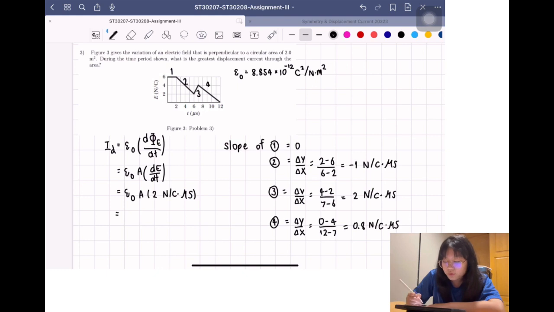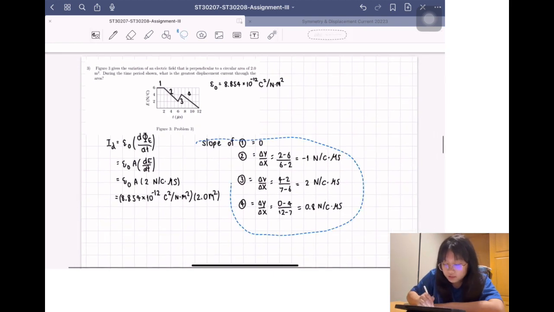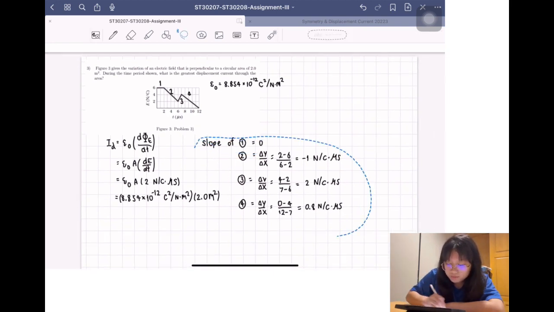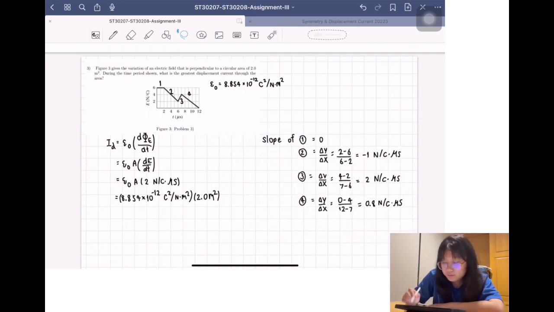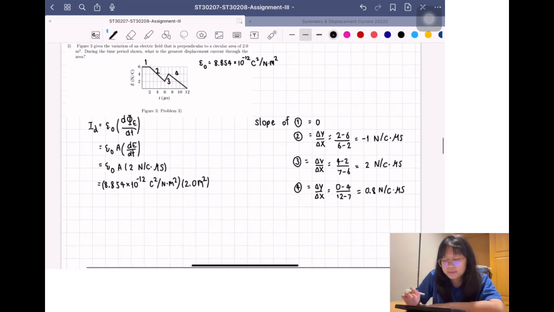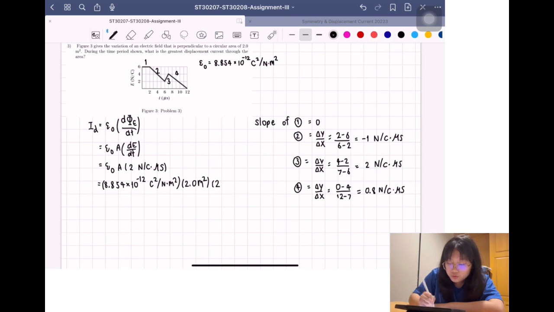The epsilon 0 is equal to 8.854 multiplied by 10 to the power of minus 12 in the unit of Coulomb squared divided by Newton meter squared. The area is equal to 2.0 meters squared, and dE by dt is equal to 2 Newton per Coulomb microsecond.